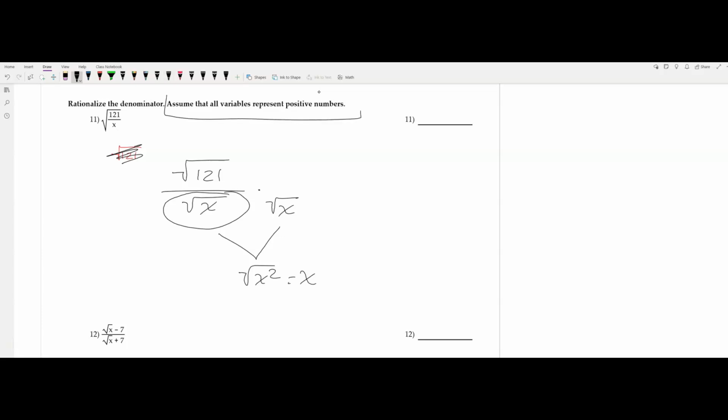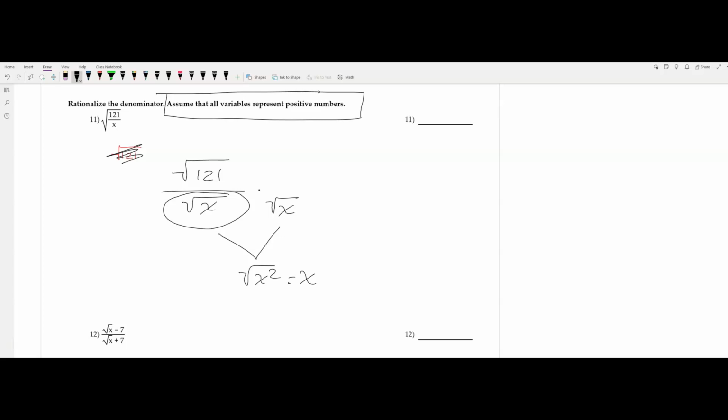In the previous problem, we weren't assuming that all variables are positive; we were assuming that x is either positive or negative. Here, from the get-go, we're assuming that it is just positive. So that's just x here. The square root is gone, and I've taken care of my problem.